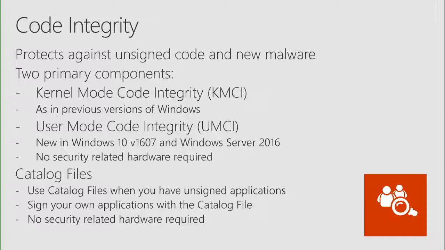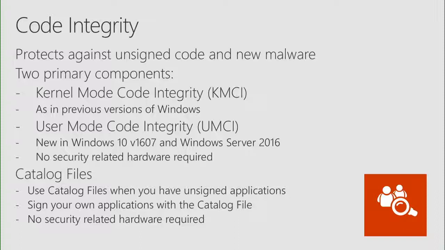You create a code integrity policy, CI policy, and first of all you create the kernel mode CI policy, and it used to be there before, and it's for drivers, so that drivers must be signed before they can be loaded. And then it comes up into user mode.